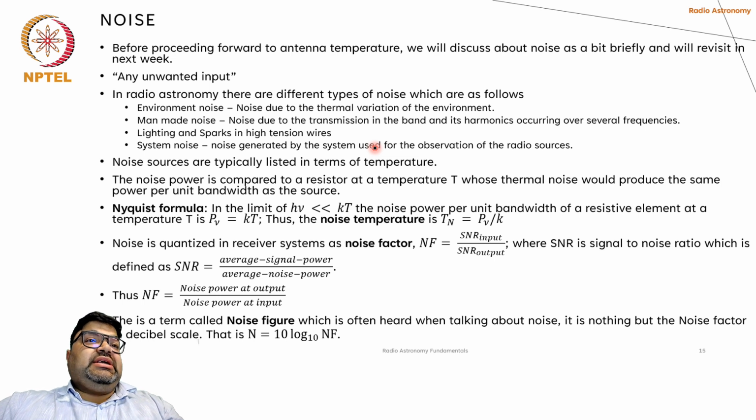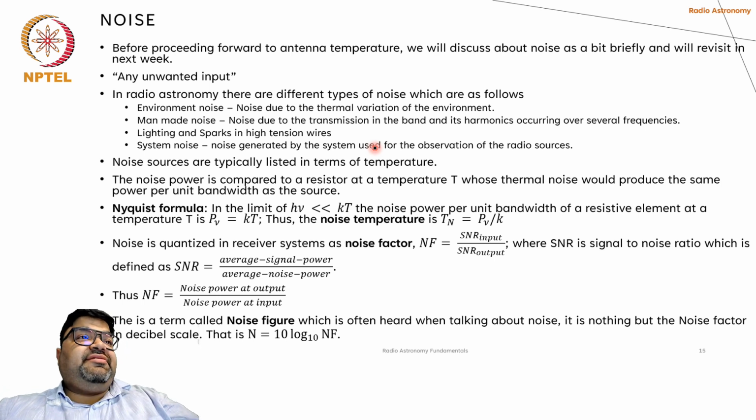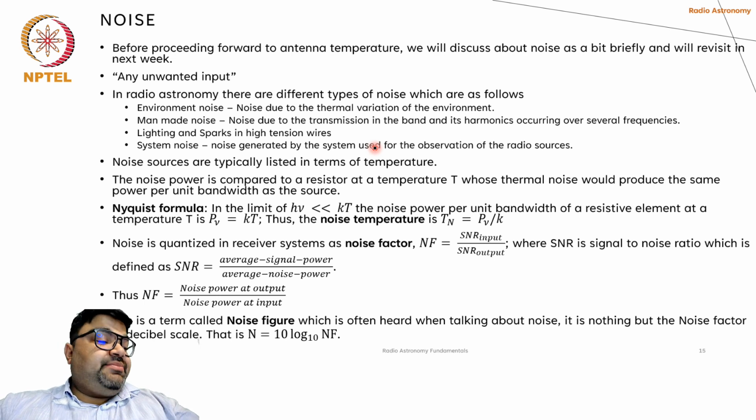If any electronic system has itself generated noise, that also creates trouble, because remember, we are looking at very, very faint signals on the sky, so we should do the best we can in reducing the noise in our system.